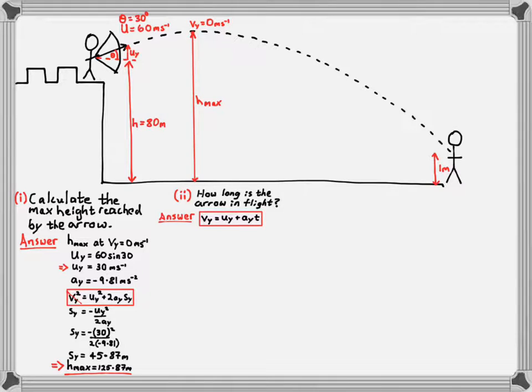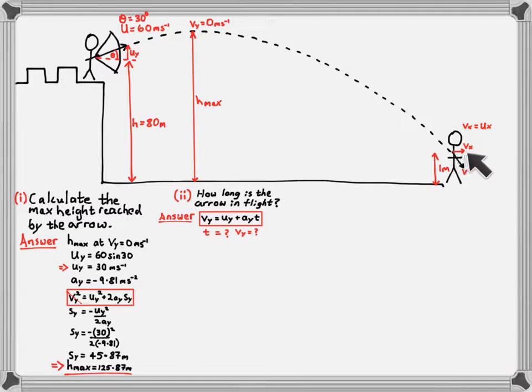So we can answer that question just the same. We can use the equation v is equal to u plus at. We don't know the time. Do we know the final vertical velocity? No, we don't, not yet. So if we look at where the arrow actually hits the person, we can say it's hitting them with a final velocity v.